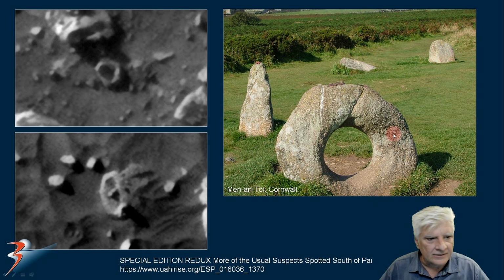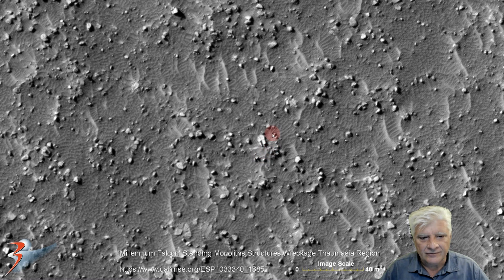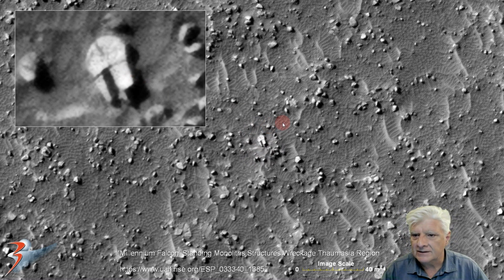And I'll compare those to the Men-an-Tol in Cornwall. Also this donut-shaped rock. Very interesting.